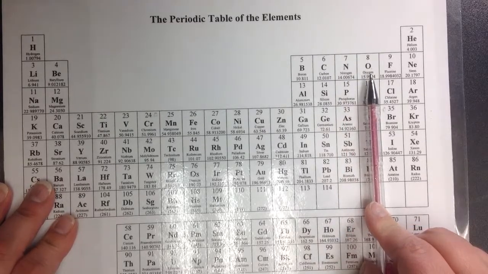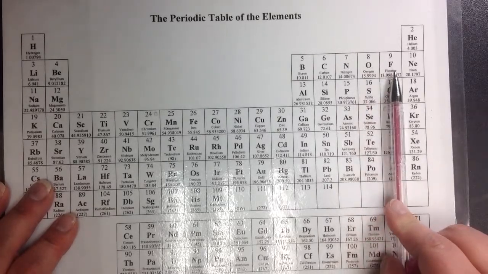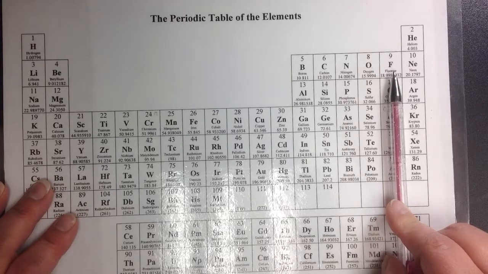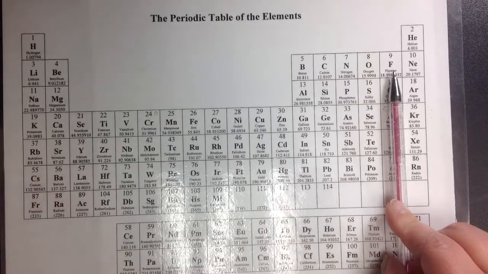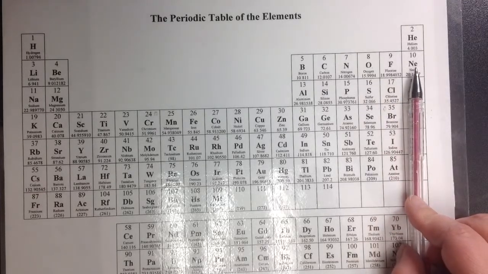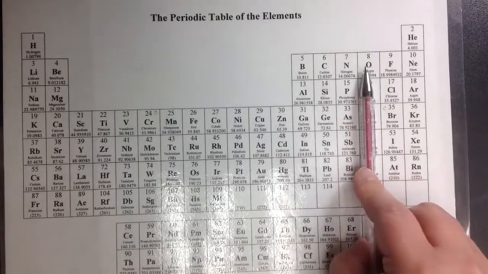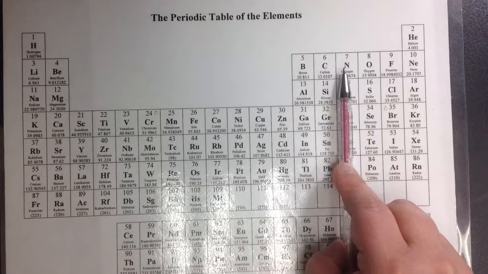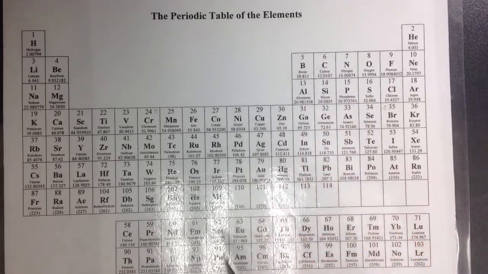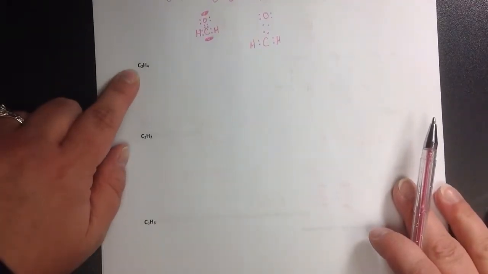Oxygen has 6 valence electrons, so it needs 2 bonds to get to 8. And the halogens have 7 valence electrons, and hydrogen has 1, and each needs 1 more to get to its nearest noble gas. So these bond 1 time, these bond 2 times, these bond 3 times, and these bond 4 times.